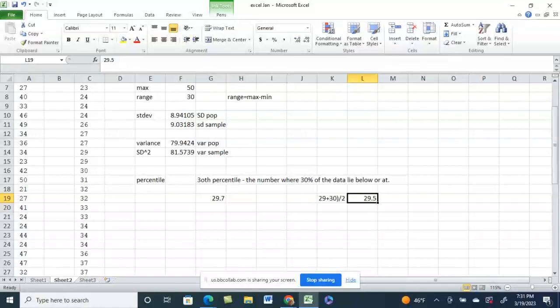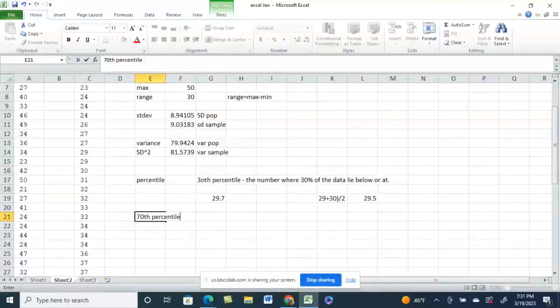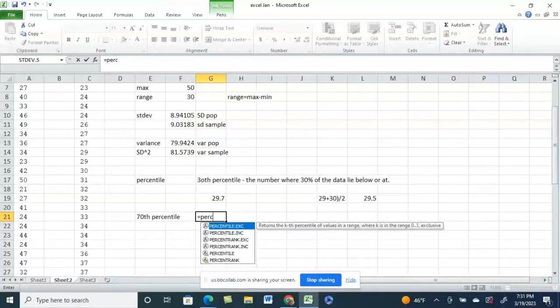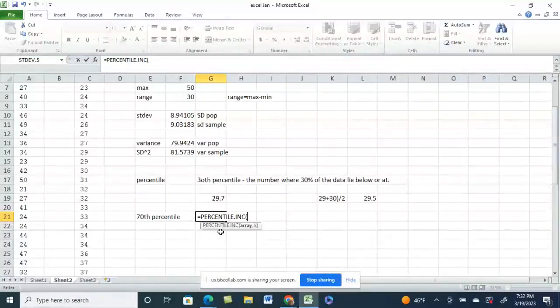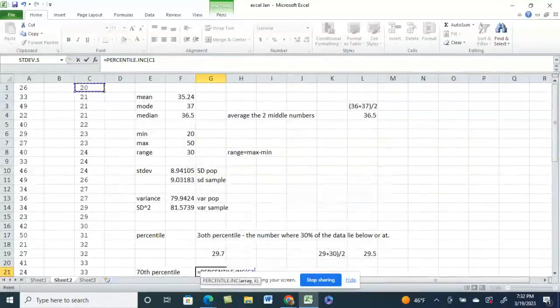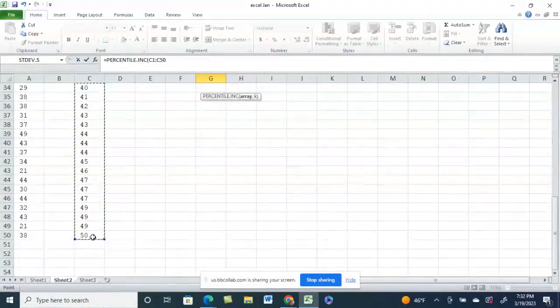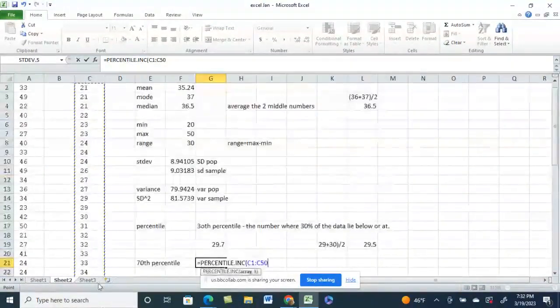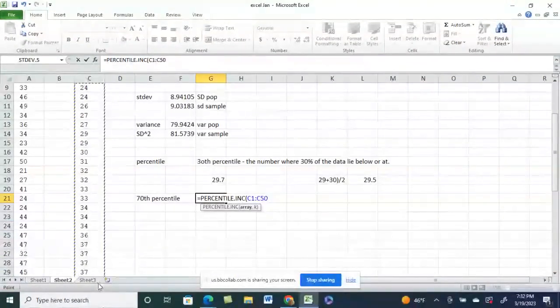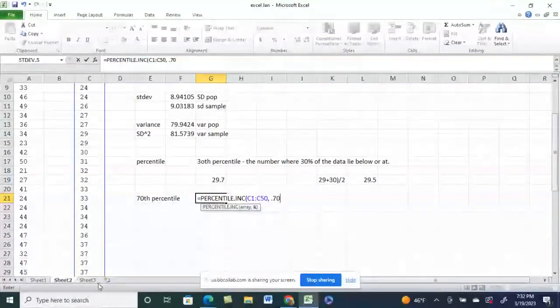So again, let's do a 70th percentile. That's where 70% of the data is at or below that number. So that's going to be equals percentile inclusive, INC, take your list of numbers, and comma 0.70.